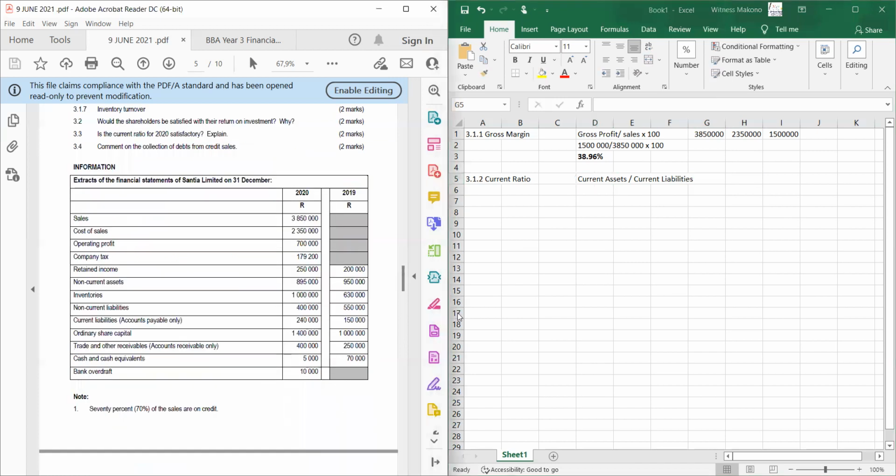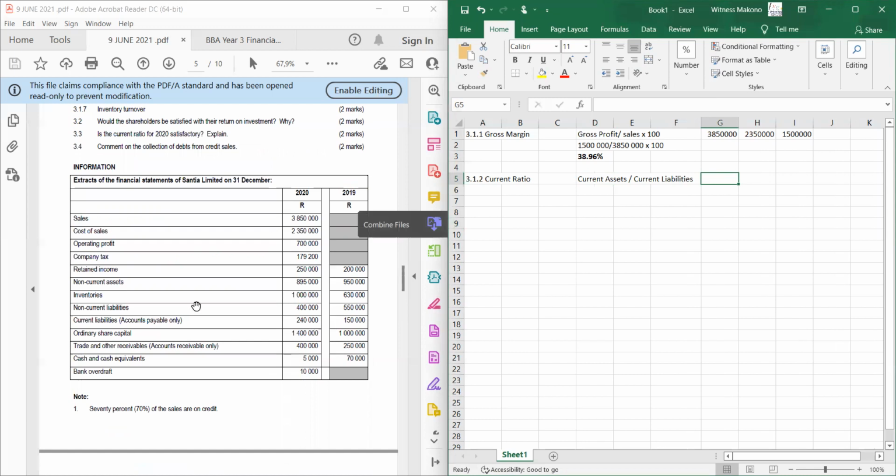So you come here, you have to know your current assets. You've got inventory, which is a current asset, which is 1 million.